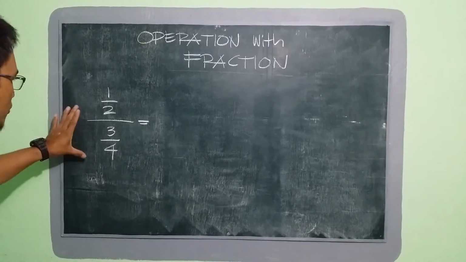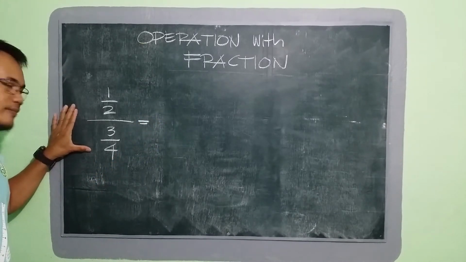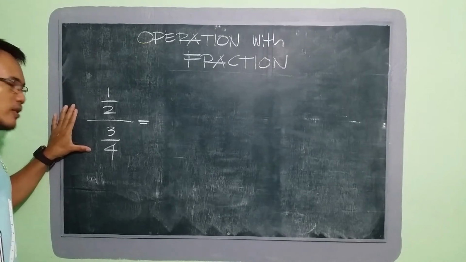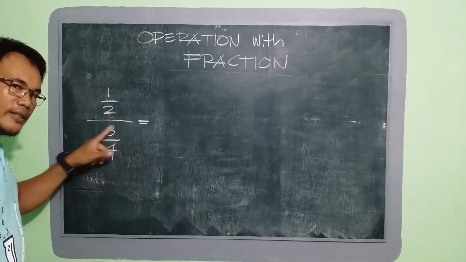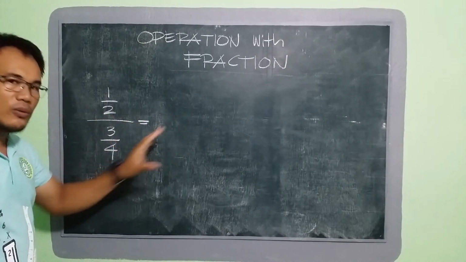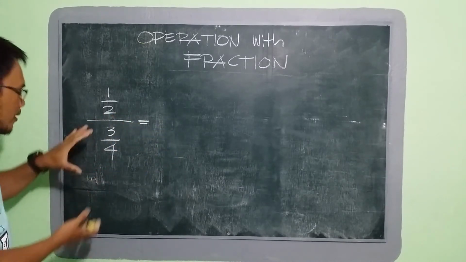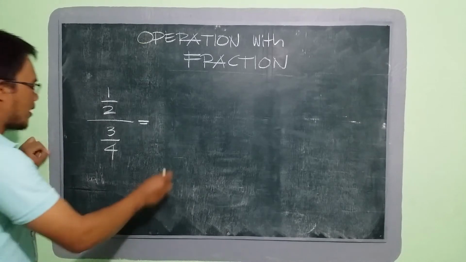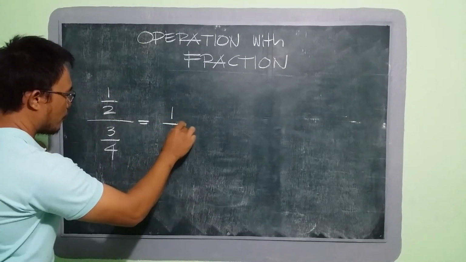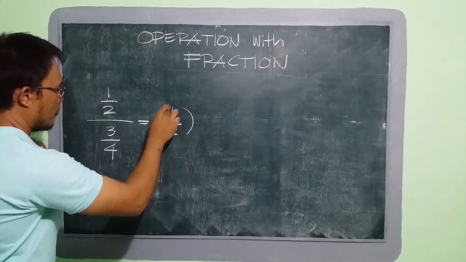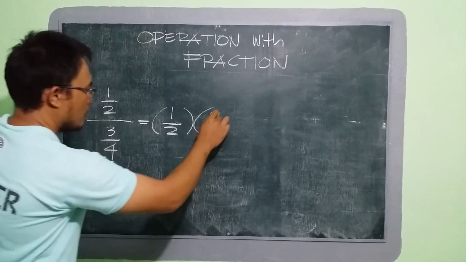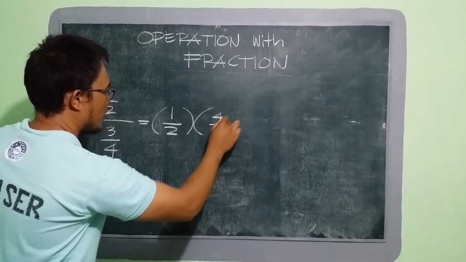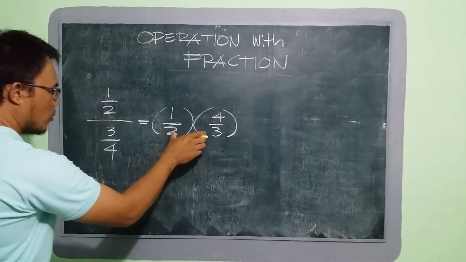Now, in dividing fractions, all you need to do is take the reciprocal of your divisor and you proceed to multiplication. So this will become 1/2 times the reciprocal of 3/4, which is 4 over 3. And then proceed to multiplication.